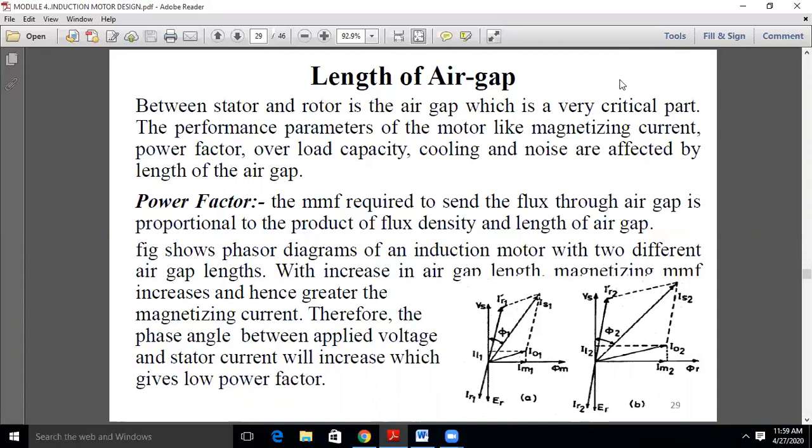Due to the two fields, the induction motor rotates, producing mechanical output. This is the basic principle of the three-phase induction motor.